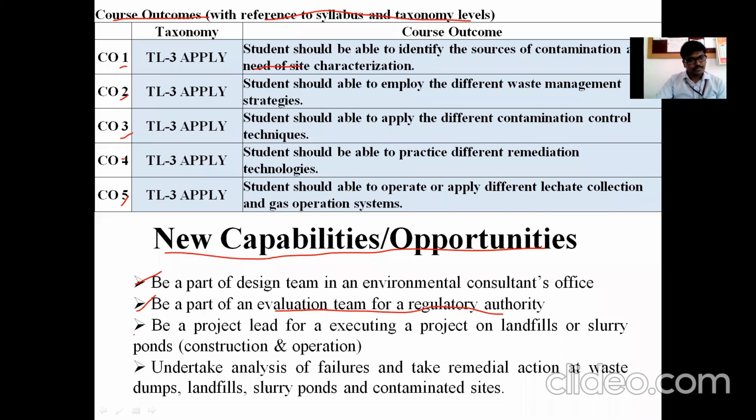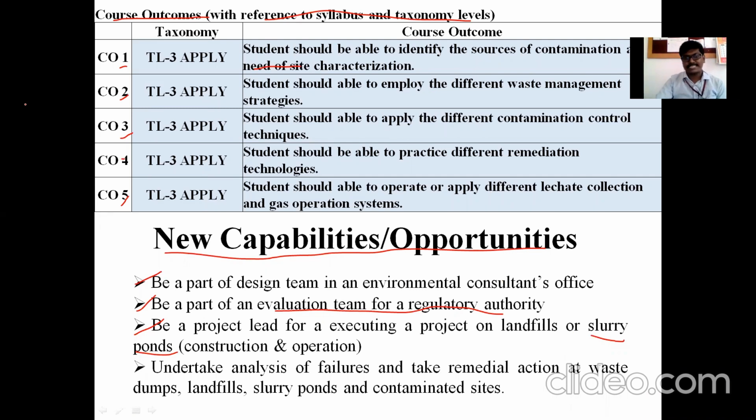Next, after your experience, you can also be promoted to a project lead or project head for executing any project on landfills and slurry ponds. Slurry ponds are one of the main aspects nowadays, because slurry is always produced in any industry, such as a steel industry or coal mining.